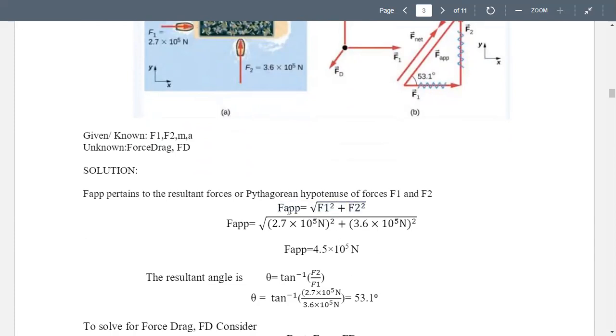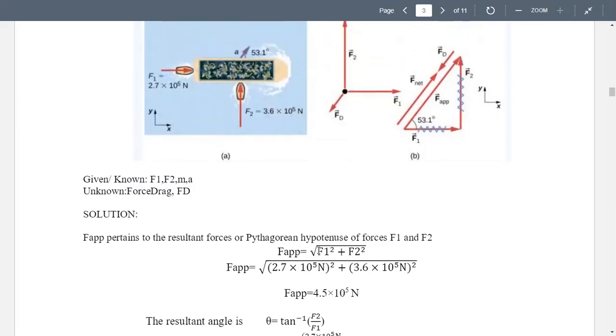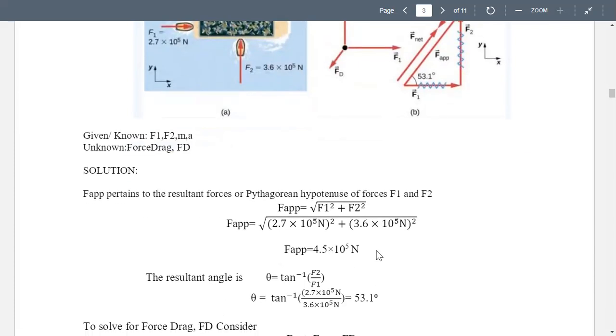How are we going to solve for your net force? Your F net would be equal to the hypotenuse, by Pythagorean application: the square root of F1 squared plus F2 squared, which gives us the square root of 2.7 times 10 raised to 5 squared plus 3.6 times 10 raised to 5 squared, giving us F net equal to 4.5 times 10 raised to 5 newtons.